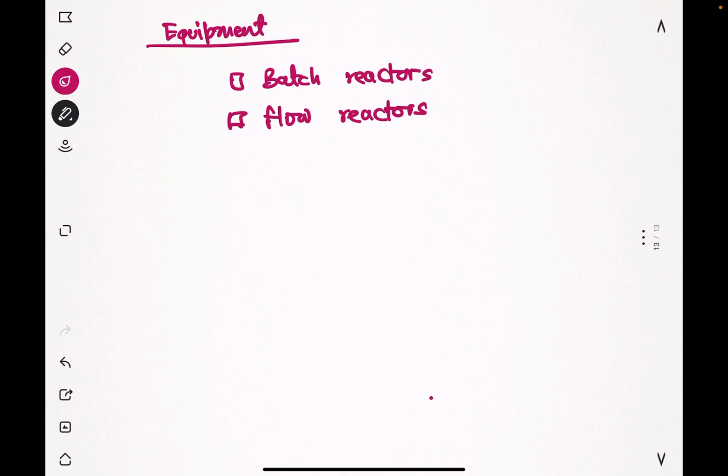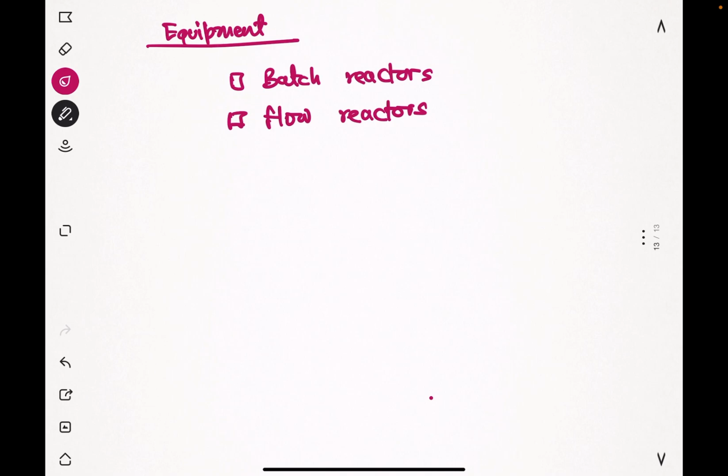So maybe temperature measurement, and in some cases pressure measurement is good enough. This is why, whenever possible, we use the batch reactor for homogeneous kinetic data determination.